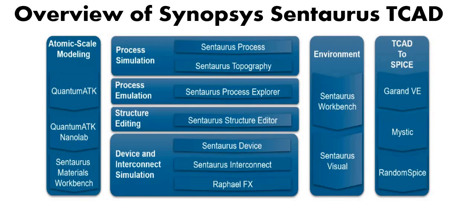Next one is Sentaurus Topography, which is used for 3D graphical user interface for the process simulation. Sentaurus Process supports the modeling of implantation, diffusion and dopant activation, thermal oxidation, mechanical stress and epitaxial growth.